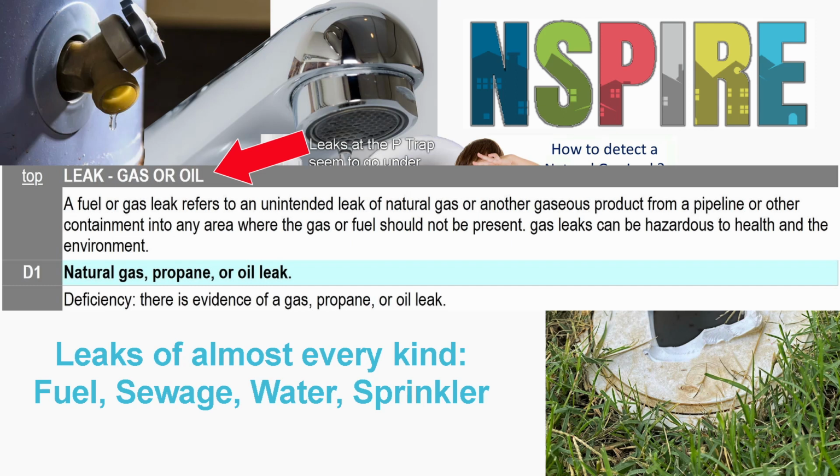Gas leaks can be hazardous to health and to the environment. Deficiency 1, natural gas, propane, or oil leak. Deficiency: there is evidence of a gas, propane, or oil leak. Interesting there that they say gaseous product, but they include oil, which would be a liquid.